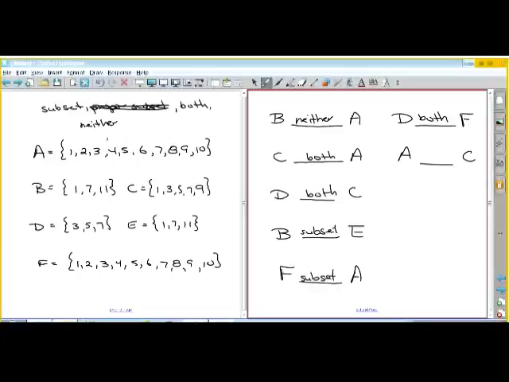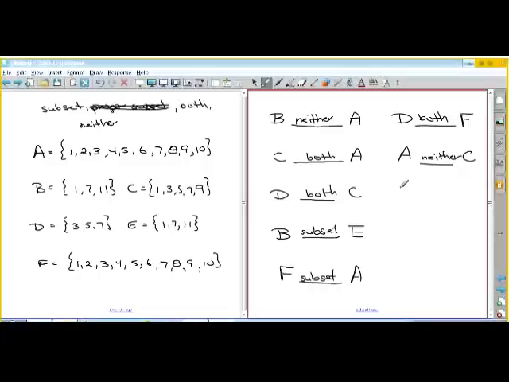This one has more terms than this, so it could never be a subset of that. You always have to have equal or fewer elements, and then they have to match up. So in the case of A, it is neither a subset nor a proper subset, so we put neither there.